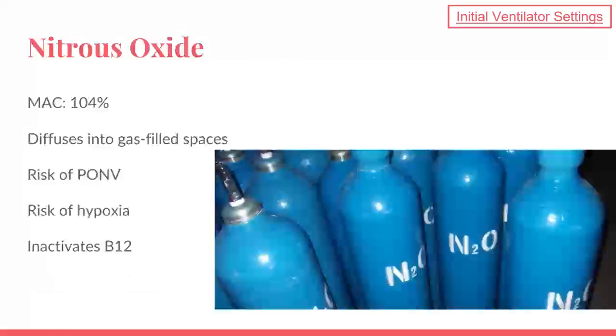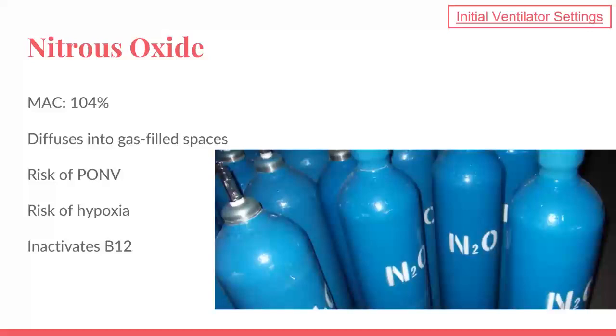As you can see, nitrous oxide has MAC of 104. This means it should not be used as a sole anesthetic, except in exceptional conditions at elevated atmospheric pressure, where we could theoretically achieve MAC of 104%.